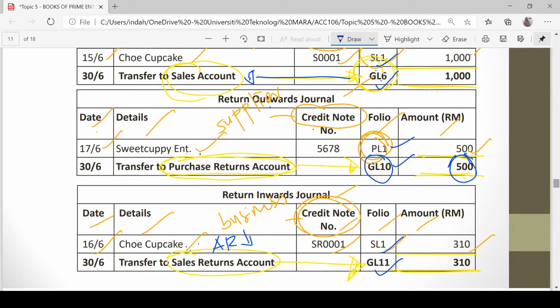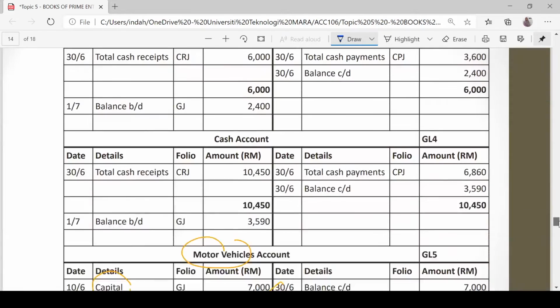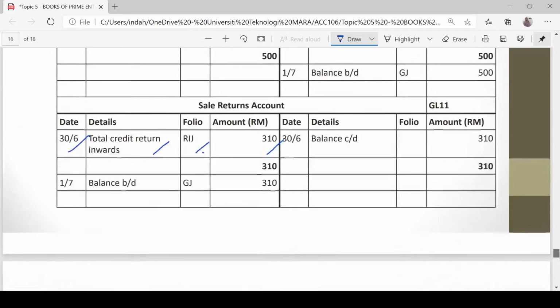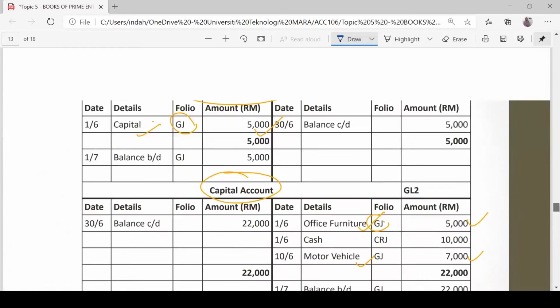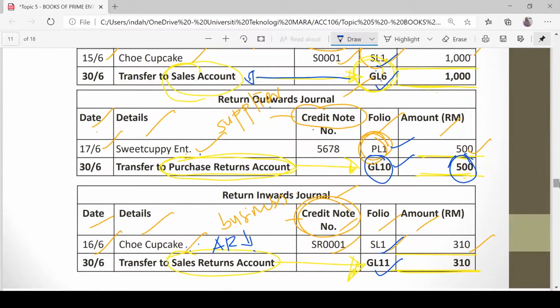Account receivable is reduced, meaning that we are going to credit account receivable KOI Cupcake, this amount 310. So sales return, KOI Cupcake, 16th of June, sales return from return inward journal, 310. So SL1 settled, GL11 settled.